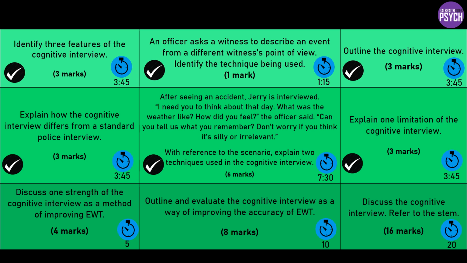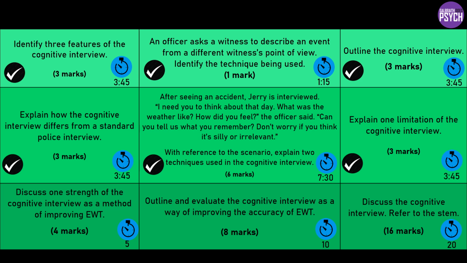How are we going to undermine that? Well, on the other hand, or despite this, yeah, signpost that discussion for the examiner. So despite this, studies or Kohnken's research also showed that we get an increase in the amount of incorrect information as well. On balance, so let's bring it back together here because we're discussing it.